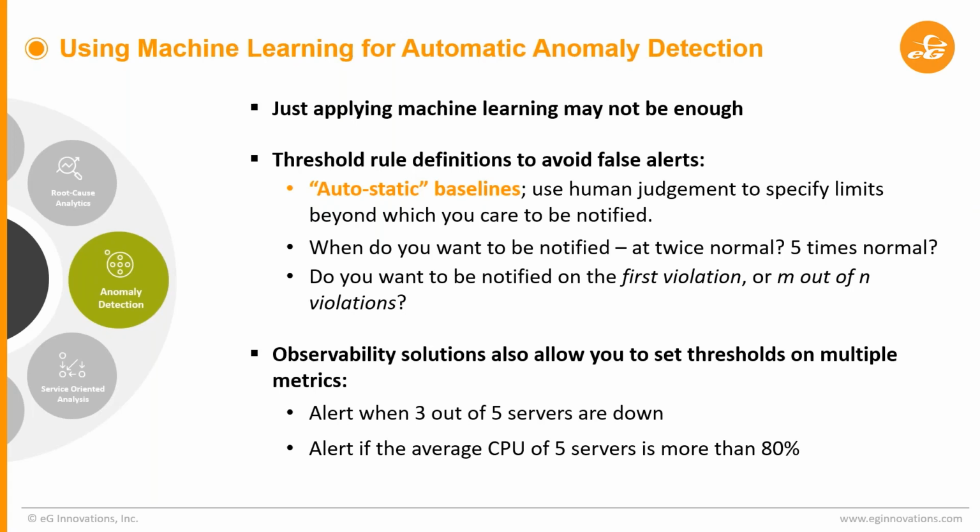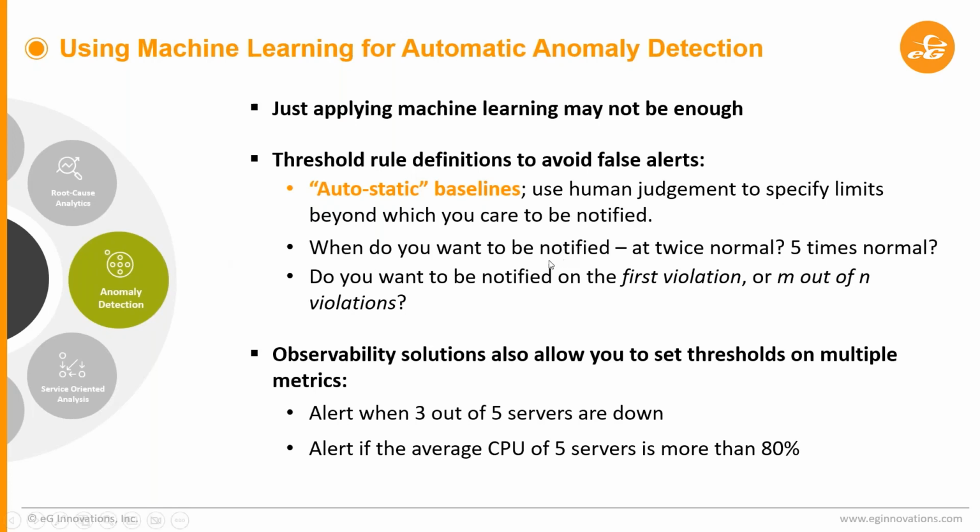And the answer is most probably not. So that is why we use a concept we call autostatic baselines, where you use machine learning, but you use human judgment as well to specify limits beyond which you care to be notified. So tell me only if there is a violation of the automatic baselines and there are 15 users logged into a server, then I want to be notified.